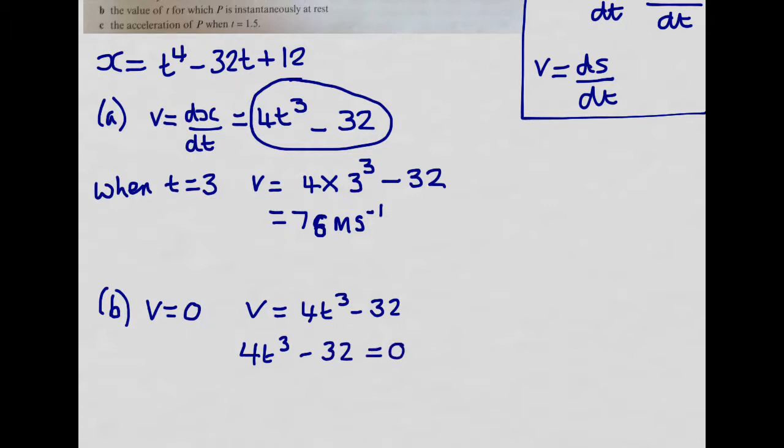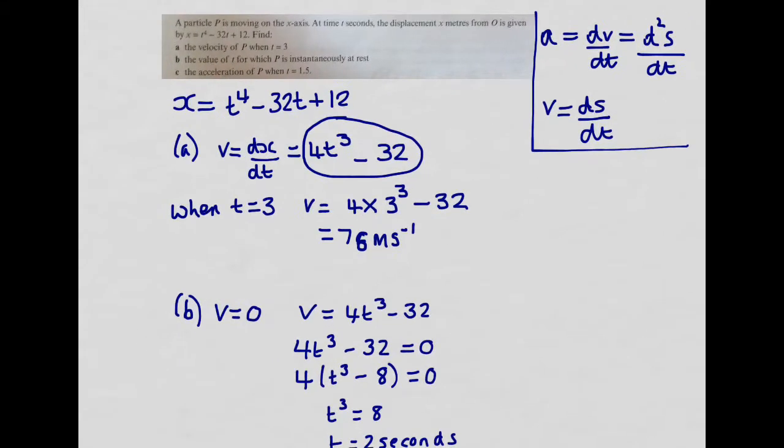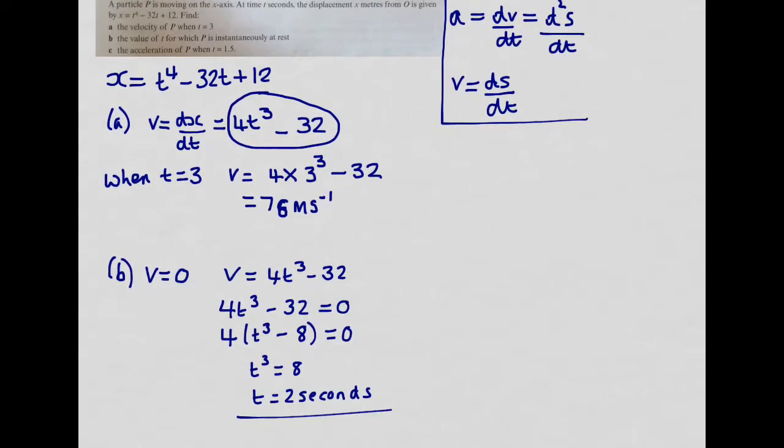And from here, I would actually factorise to write that, and t cubed would equal 8, so t equals 2 seconds. So I've answered part B now. Find the value of t for which P is instantaneously at rest. It's instantaneously at rest when t equals 2 seconds.